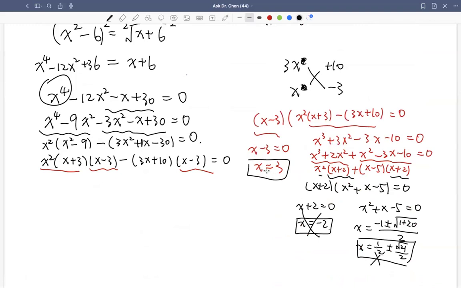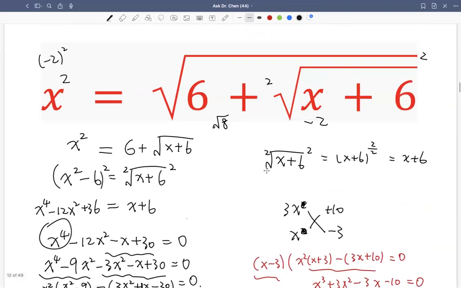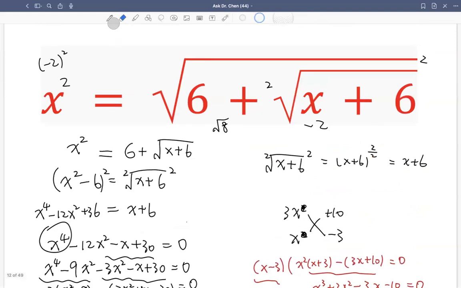So the only solution should be 3. Let's check 3. 3 plus 6 is 9. Square root of 9 is 3. Then 6 plus 3, 9 again. Square root of 9 is 3. Yes, so 3 is the solution for this one.